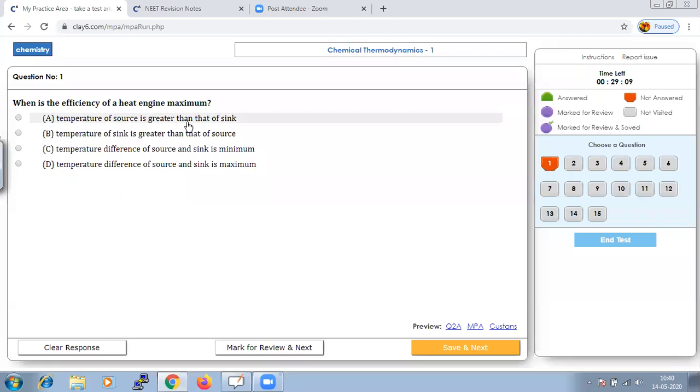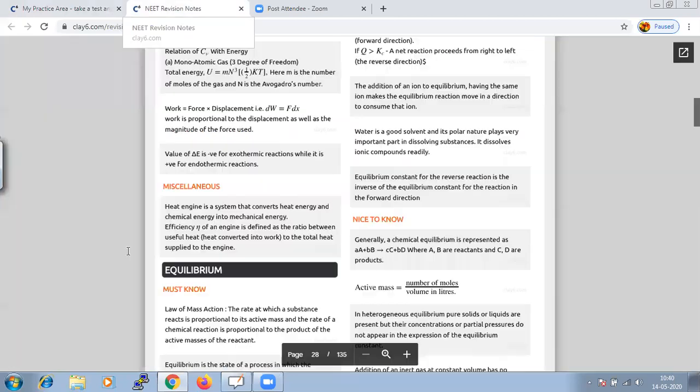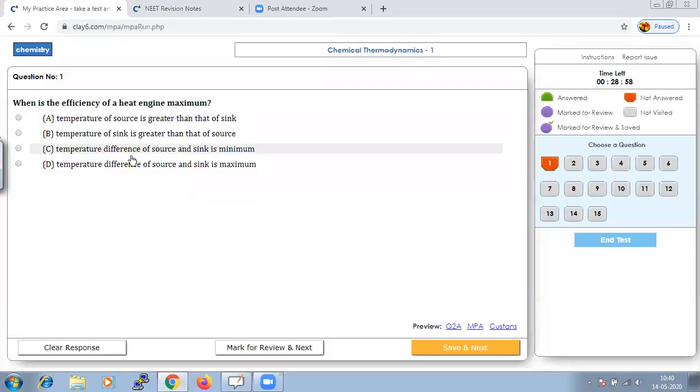So from the given point, we could conclude that the temperature difference of the source and sink should be maximum. Then only your efficiency will be maximum, because the efficiency is the ratio between useful heat and total heat. Hence, the temperature difference should be maximum. So let us mark and then go to the next.